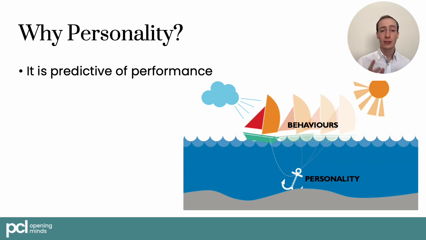Similarly, our behaviours from moment to moment will vary and we can try and flex how talkative we might be, given the context that we're in, but that will be influenced by our personality underneath, in the same way that the position of the boat will be limited depending upon where that anchor is sat.